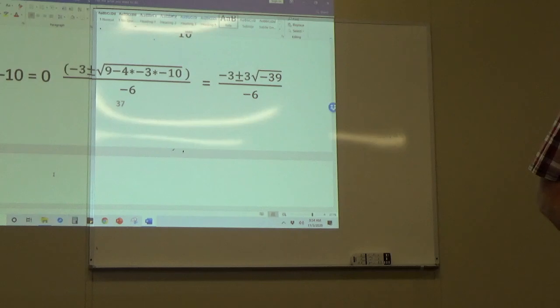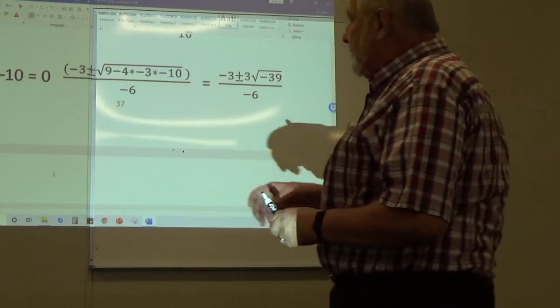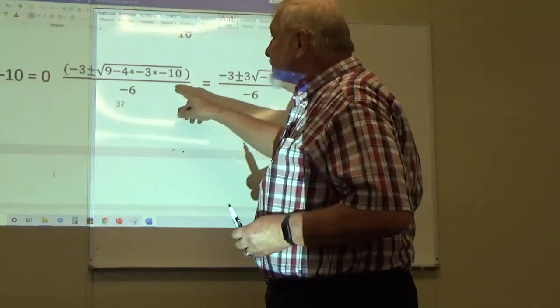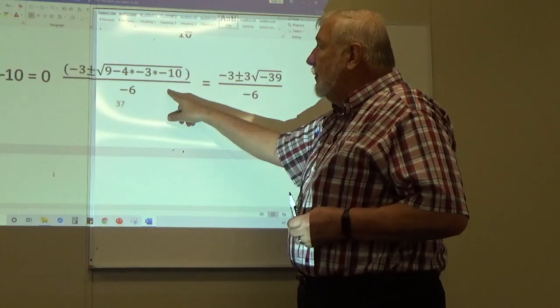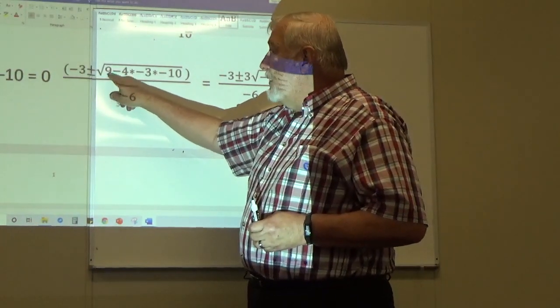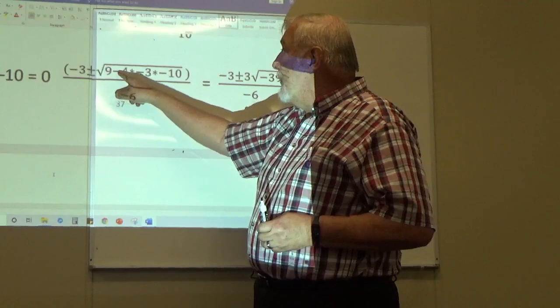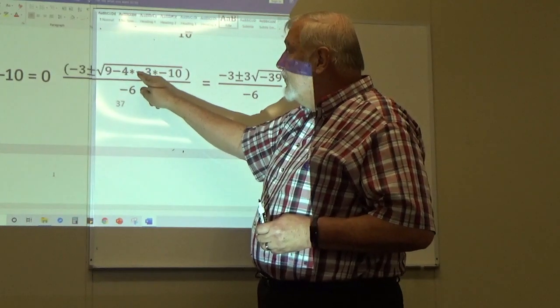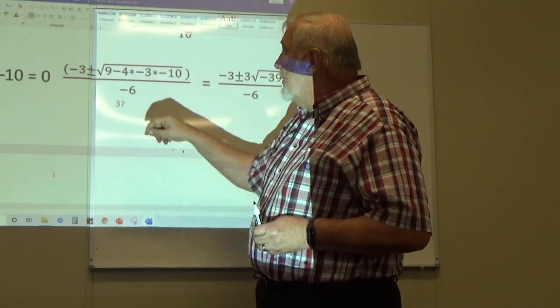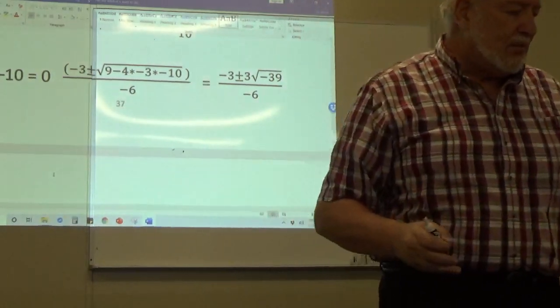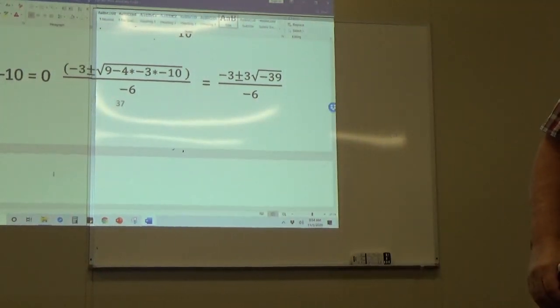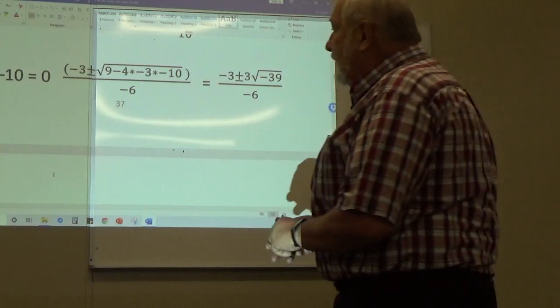Problem number 3 is right here. If it equals 0, what I need to know is b squared, 9, minus 4 times, what is it, negative? Oh, because the number changed. Okay, 3 is, this was negative 9.